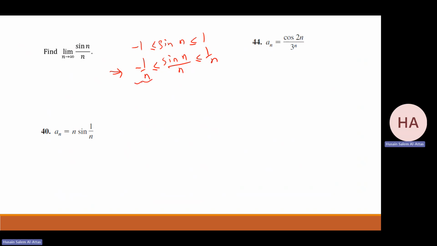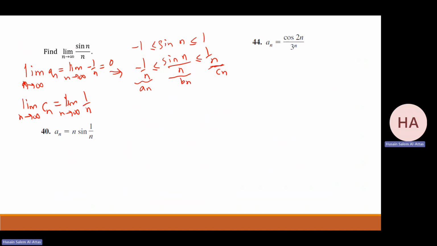I call this an, this is bn, and this is cn. So I have the limit as n goes to infinity of an, that will be the limit of minus 1 over n, which is 0. The limit as n goes to infinity of cn, that will be the limit of 1 over n, which is also 0.